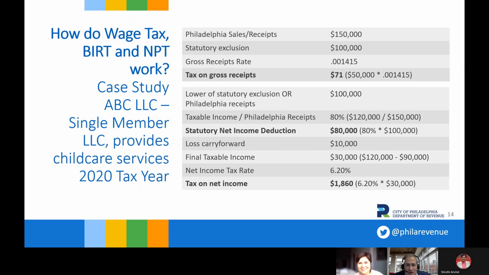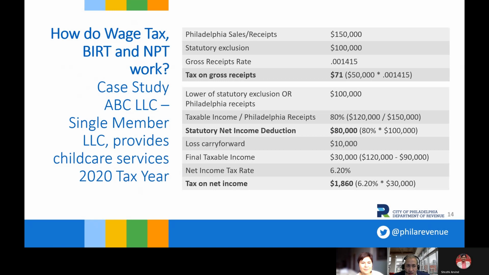So this company has gross sales of $150,000. They're all attributable to Philadelphia, let's say, and federal taxable income apportioned to Philadelphia of $120,000. The tax on gross receipts is simply calculated by the Philadelphia receipts of 150 less the statutory exemption multiplied by the tax rate.